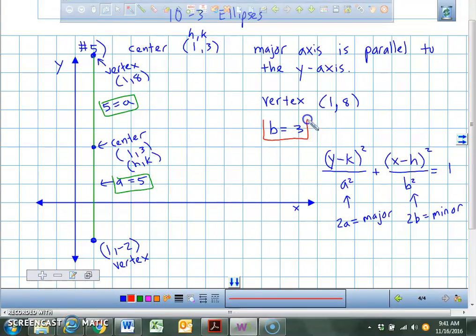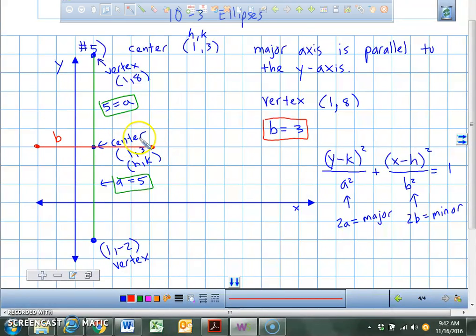Our b value, it says, is equal to 3. So from the center, if I said I wanted you to draw the ellipse, I know it wasn't the question, but if you wanted to draw the ellipse, we'd have to go over how many? 1, 2, 3. You put a point right here. You go over 1, 2, 3. You put a point right there. Now what I'd like you to do is carefully draw in your minor axis.